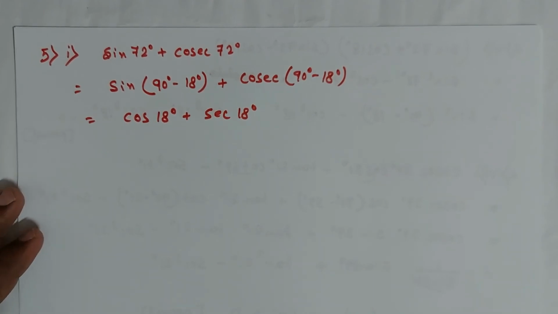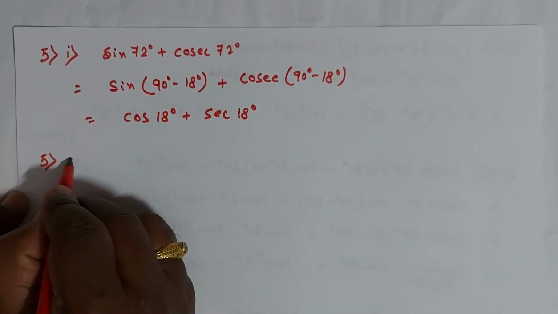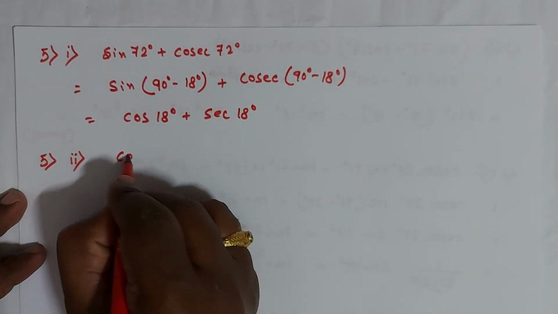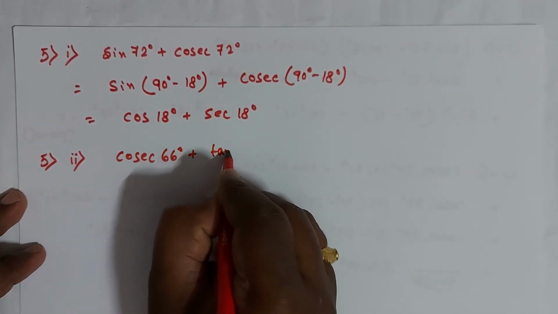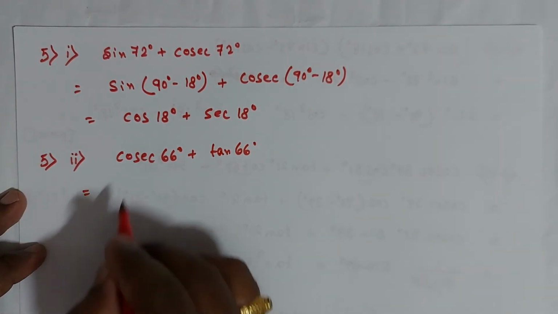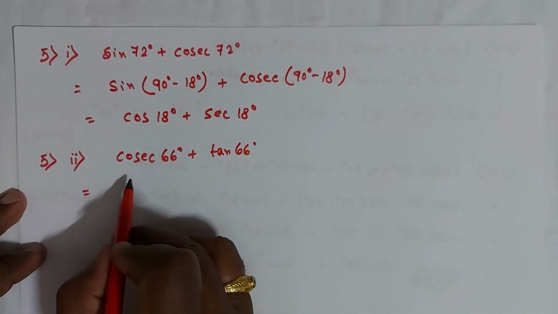Understood this one. Next is question number 2: cosec 66 degree plus tan of 66 degree. Here again we will apply the cosec 90 minus theta formula.